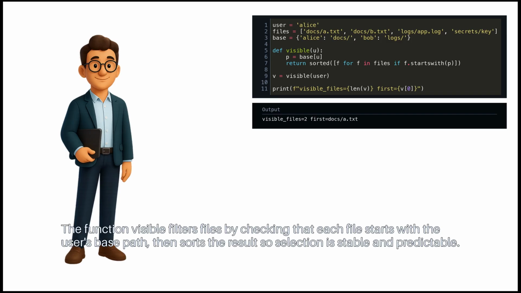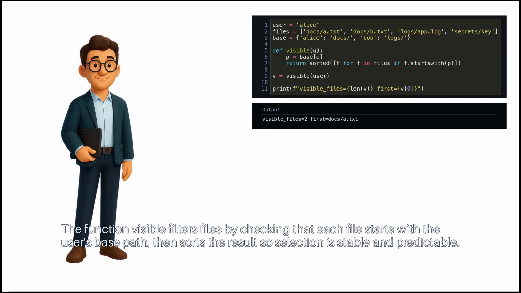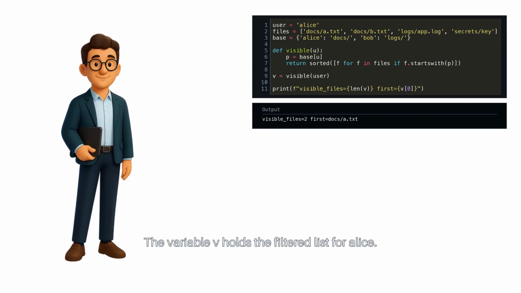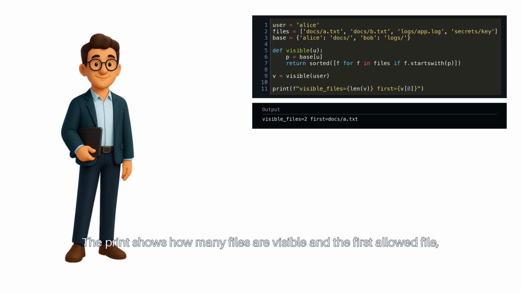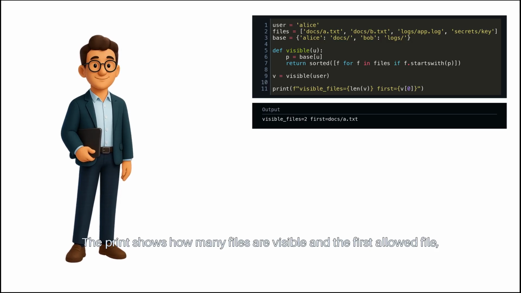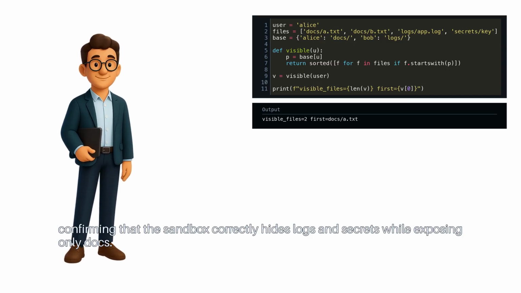The function visible filters files by checking that each file starts with the user's base path, then sorts the result so selection is stable and predictable. The variable v holds the filtered list for Alice. The print shows how many files are visible and the first allowed file, confirming that the sandbox correctly hides logs and secrets while exposing only docs.